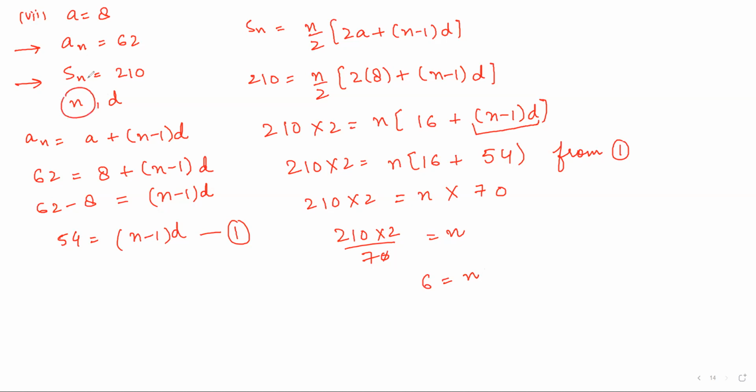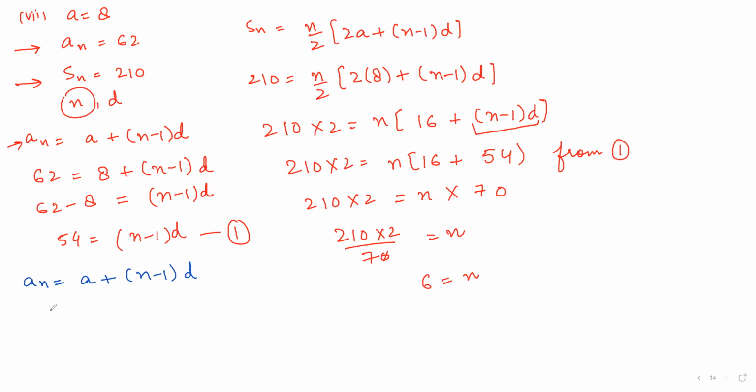Now I want d. So for d, you can again use this formula for an. So coming back to the formula, an is equal to a plus n minus 1 into d, right? Now this time you know n.